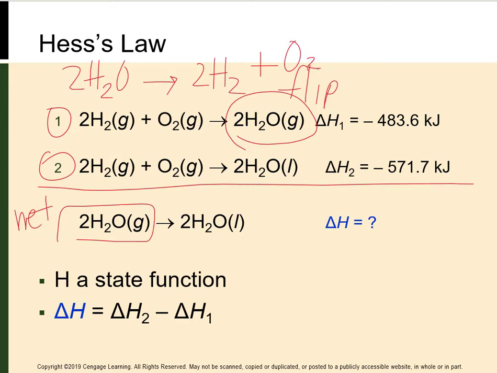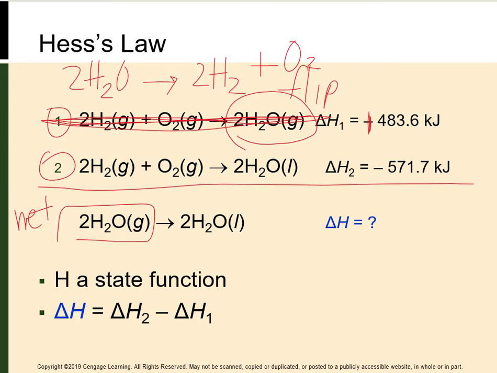And then I'm going to rewrite this delta H as a positive 483.6. So this is just saying that I'm going to decompose my gaseous water into hydrogen and oxygen gas. So I'm going to just cross this off here since I rewrote it. I flipped it. So therefore, I'm flipping the sign.